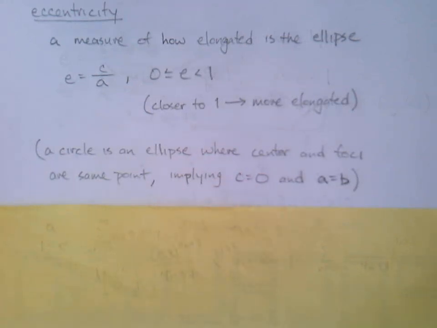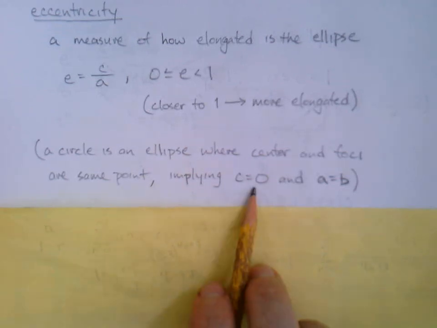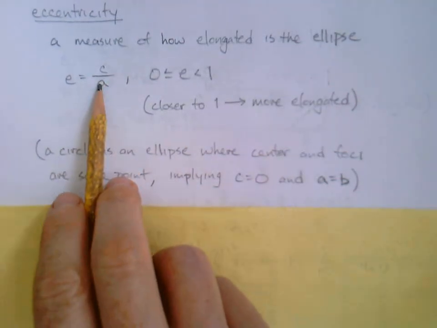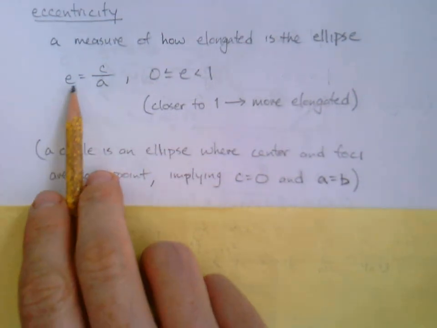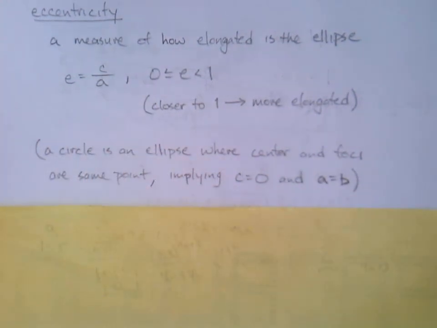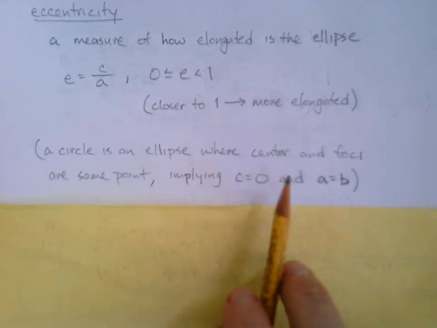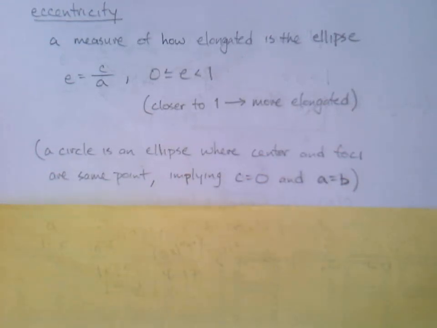Right? So if you've pushed your focus right at the center, then you've got C equals 0. Well, if C equals 0, then your eccentricity is going to be 0 when you're circular. Also, A will equal B. Not a surprise there.